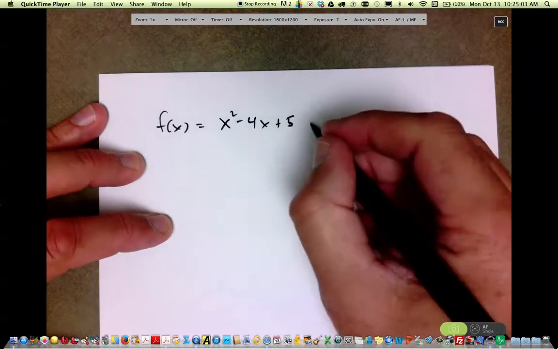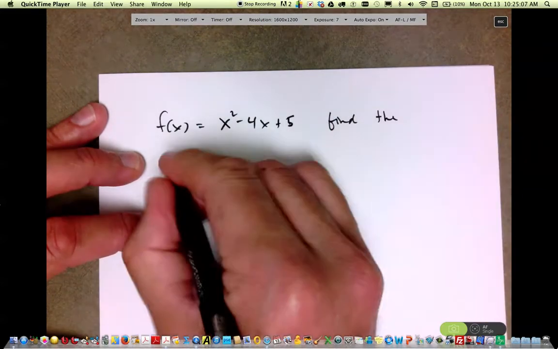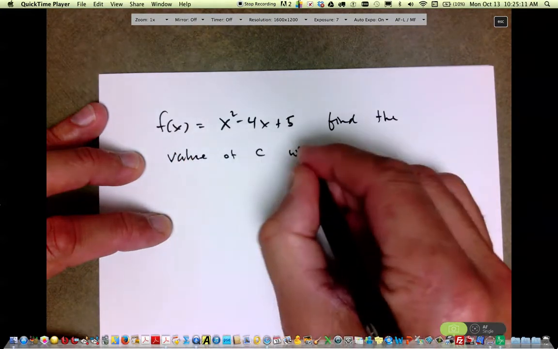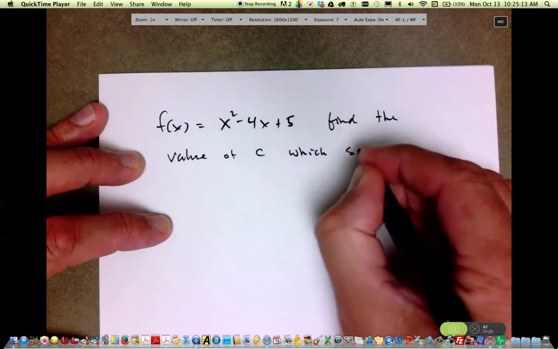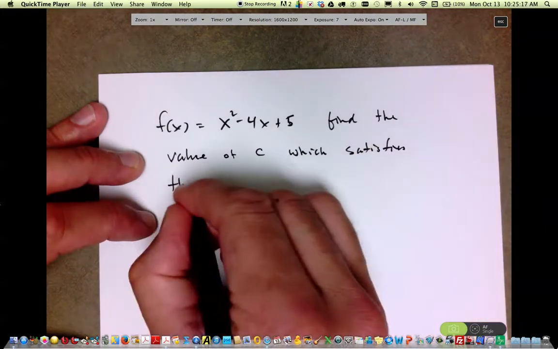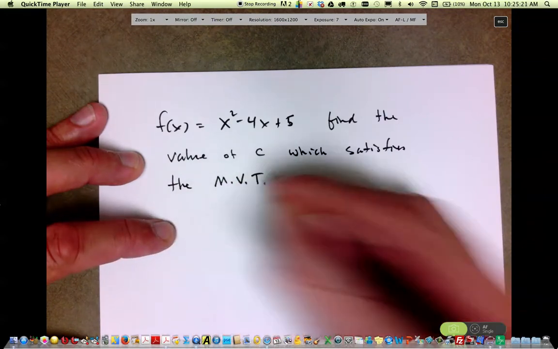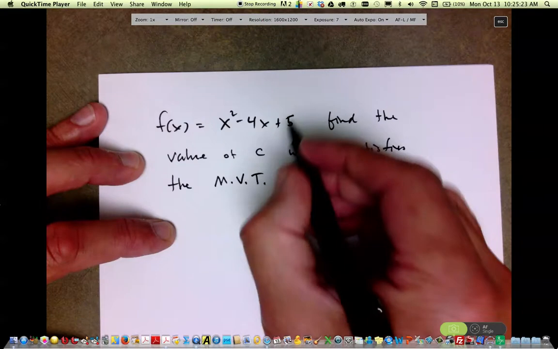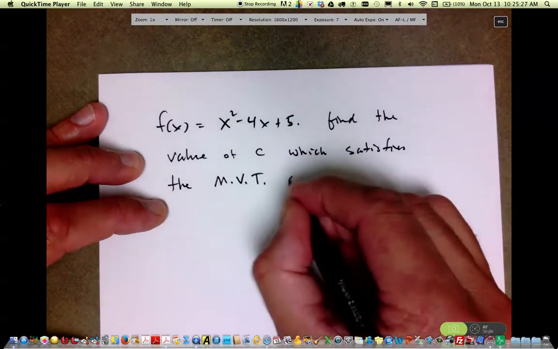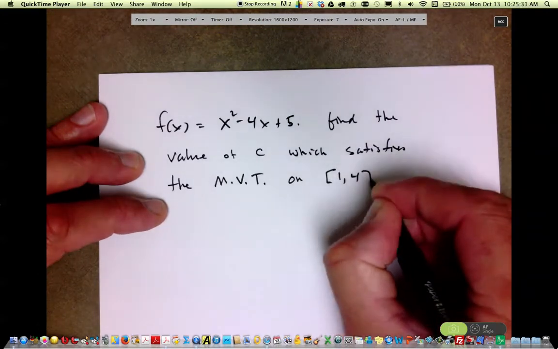And we want to find the value of c which satisfies the mean value theorem, and I'm just going to abbreviate that with MVT. So find the value of c which satisfies the mean value theorem on the interval, let's say from 1 to 4.